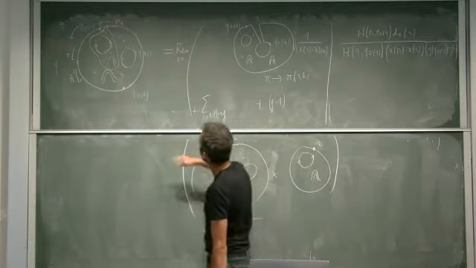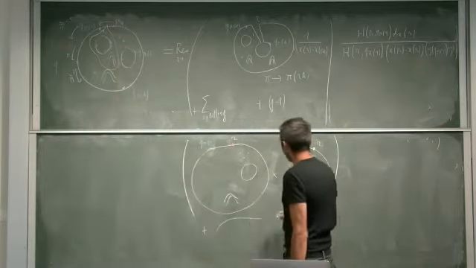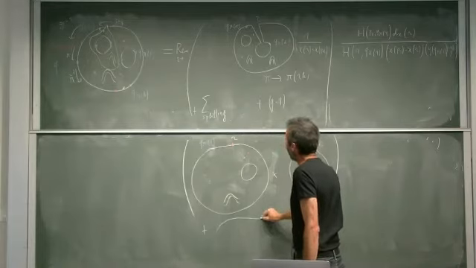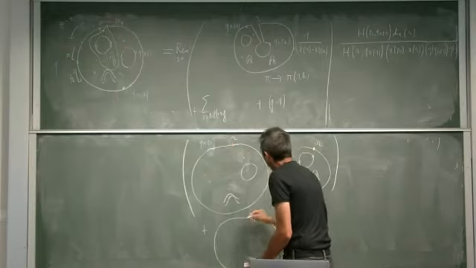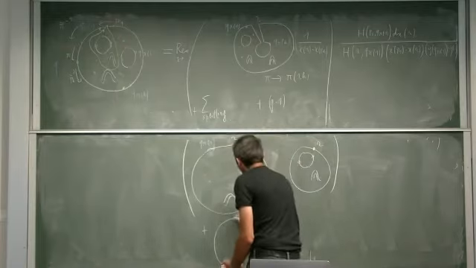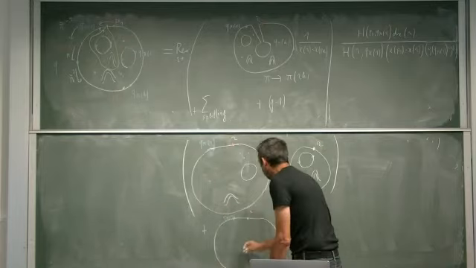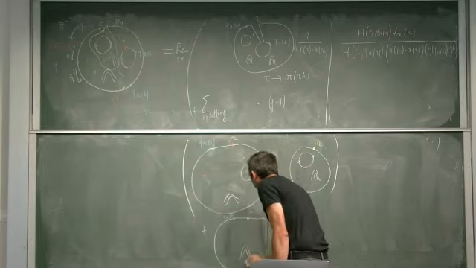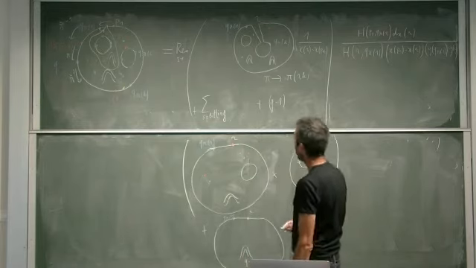The possibility where the yellow line would go through the handle would be almost the same picture: R, Q pi of 1, and again genus G minus 1. We'll have this guy.